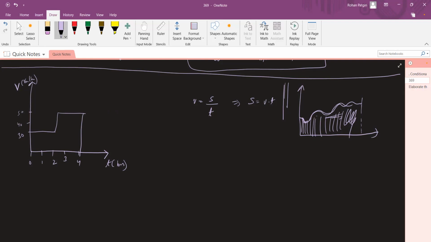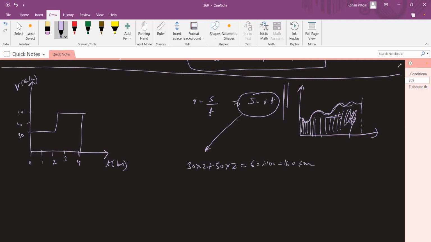Now we are asked to find the total distance covered. We can use this formula twice. For the first 2 hours, the velocity is 30 kilometers per hour into time 2. For the next 2 hours, velocity is 50 kilometers per hour, again into time 2. So 60 plus 100 is equal to 160 kilometers.